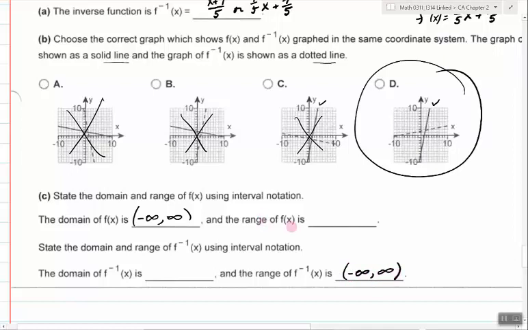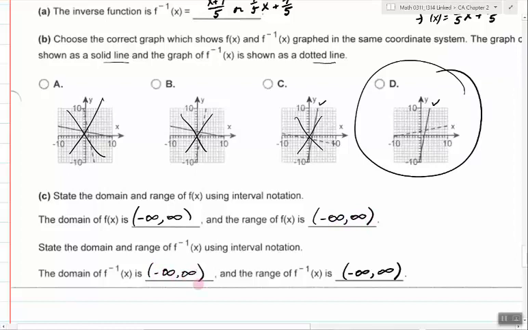Well, the range of f is from bottom to top as opposed to the domain, which was from left to right. It didn't go very far left to right, but it was all real numbers. Its range is also all real numbers, and so the domain of the inverse is all real numbers.